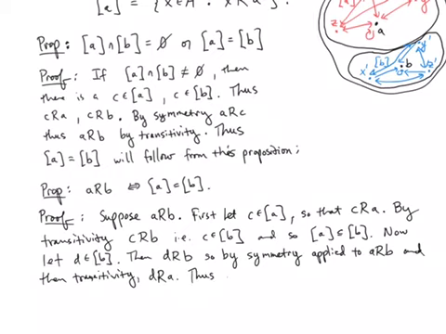Thus, D is in the equivalence class of A by definition, and the equivalence class of B is then contained in the equivalence class of A.